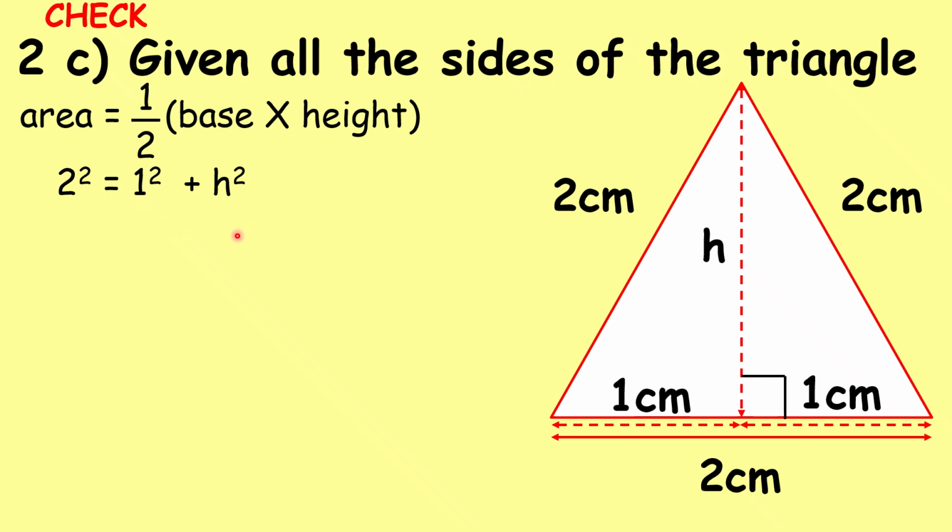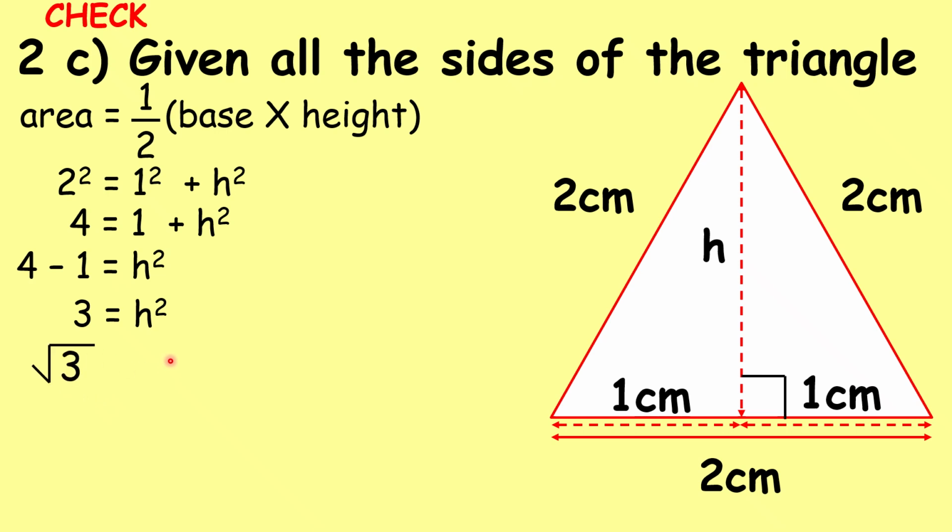If we simplify that, we have 4 is equal to 1 plus h squared. By the time we take the 1 to this side, we have 4 minus 1, which is equal to h squared. That ends up with us having 3 is equal to h squared. If we take the square root of both sides, we have the square root of 3 is h. So our h is the square root of 3 centimeters.